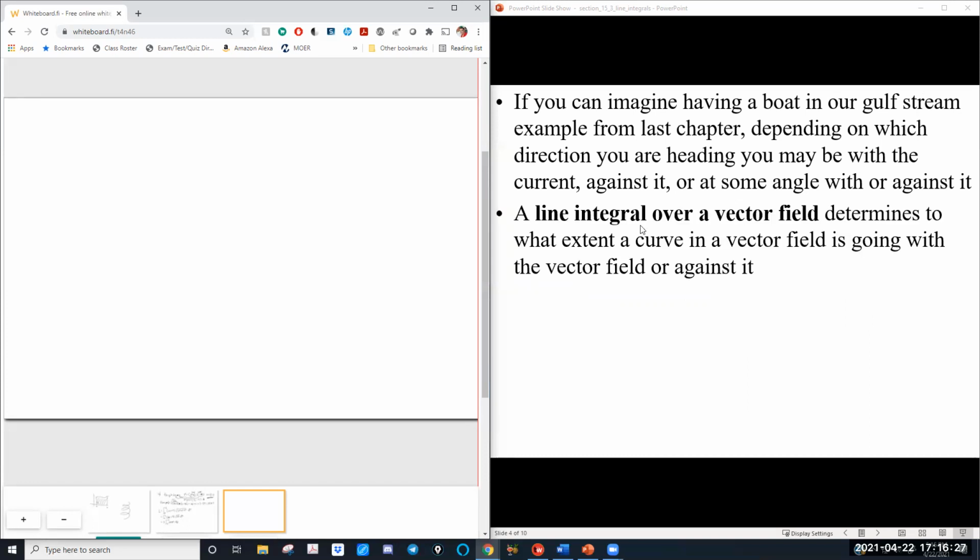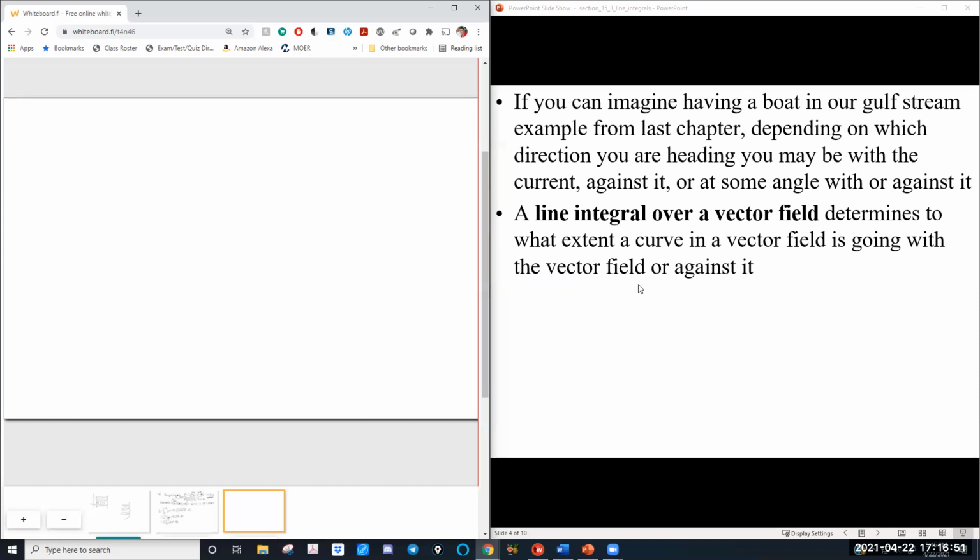So when we do a line integral over a vector field, that determines to what extent our path is in the direction of the vector field or against it. You saw in the videos that this can be used to calculate the work done by a vector field as we move along a path through a vector field.